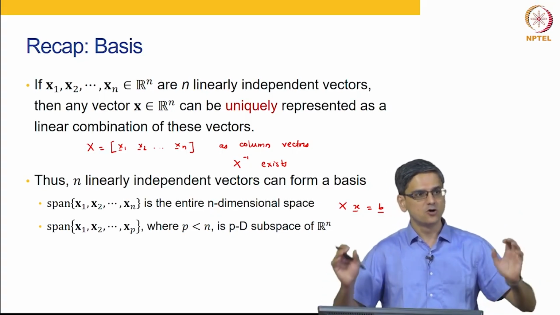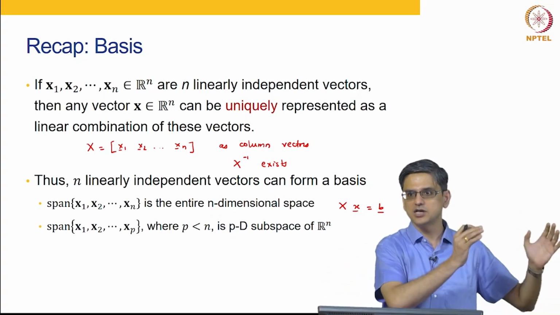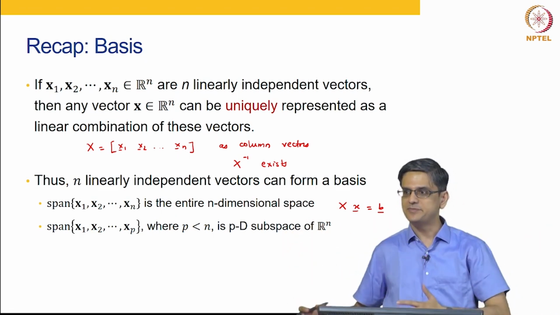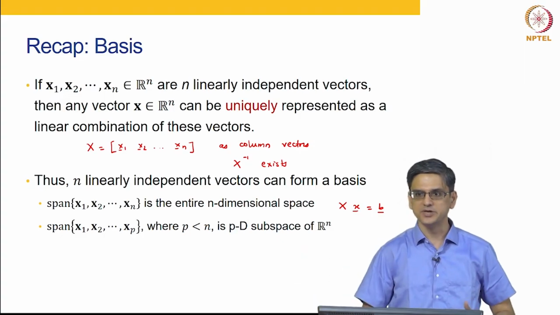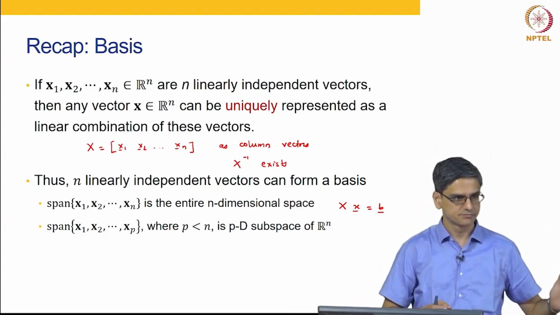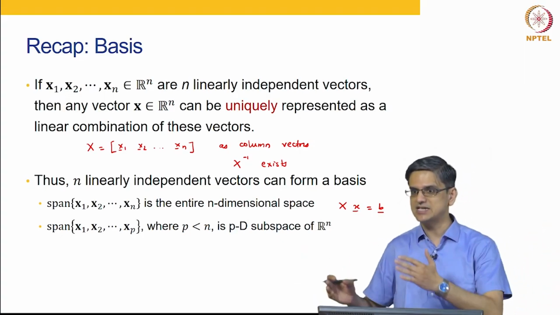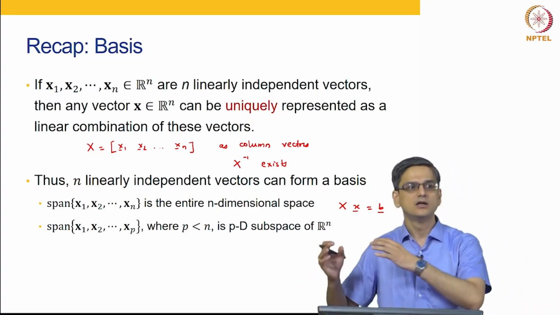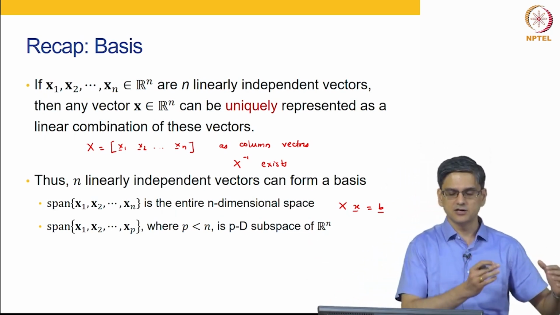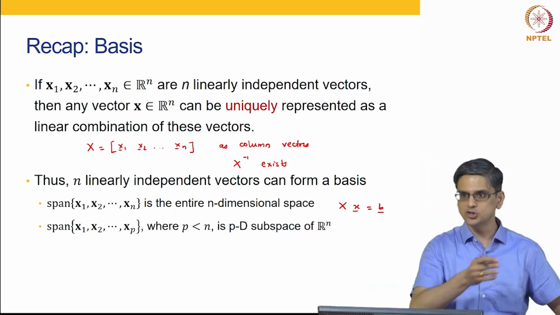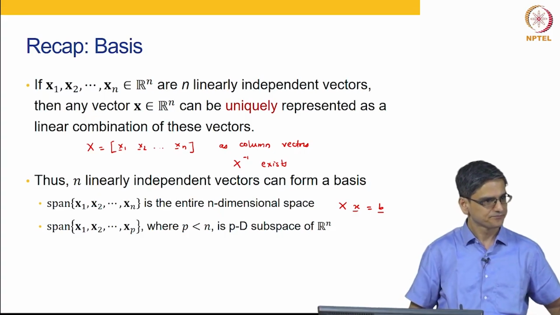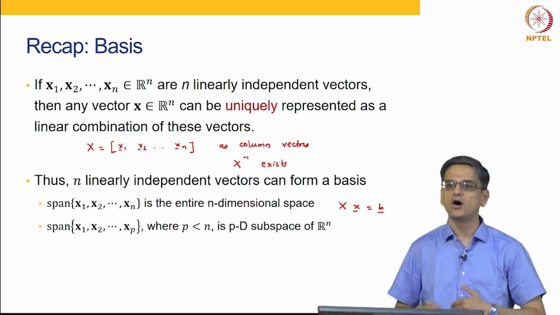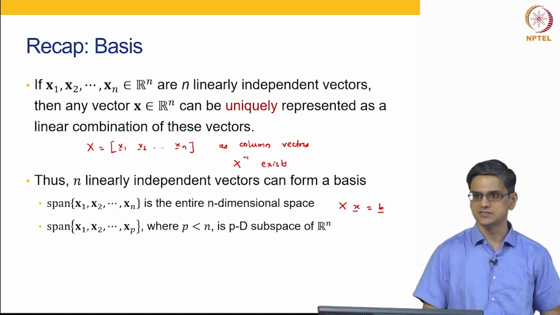We want to think about solving linear equations as whether or not the right hand side can be expressed as a linear combination of the column vectors. If it can be expressed as linear combination of the column vectors, then B bar lies in the space spanned by those column vectors of X. If yes, then either unique solution or infinite number of solutions exist.